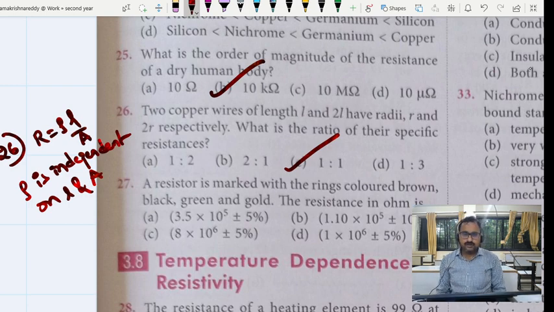Next one, 27th one, you see that one all of you, which is the important one. A resistor is marked with the rings colored brown, black, green and gold. The order we already discussed to you. What is that? B.B. Roy, Great Britain, very good wife wearing gold silver necklace.